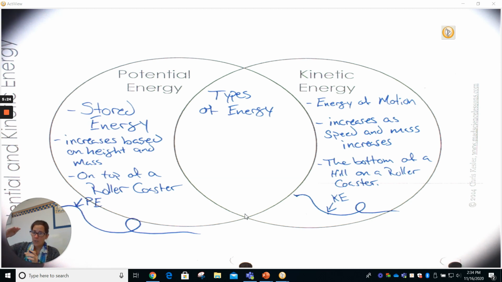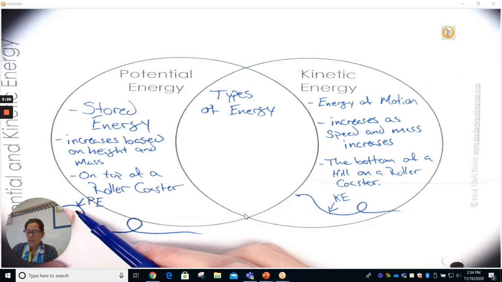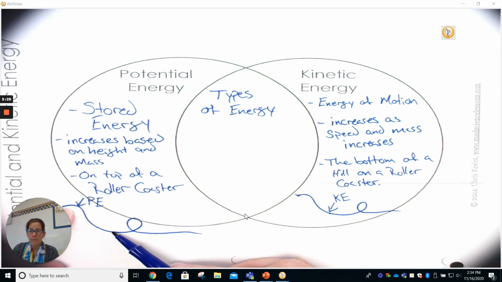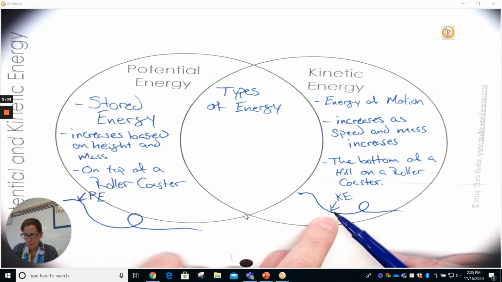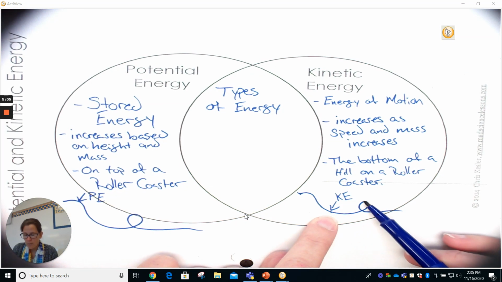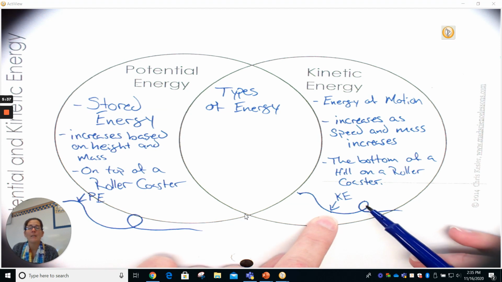So potential energy at the top of your hill right here, as you move down, it's going to transfer into kinetic energy. Just like kinetic energy down here at the bottom of the hill, as it goes up to the top of the loop, is going to transfer into potential energy.